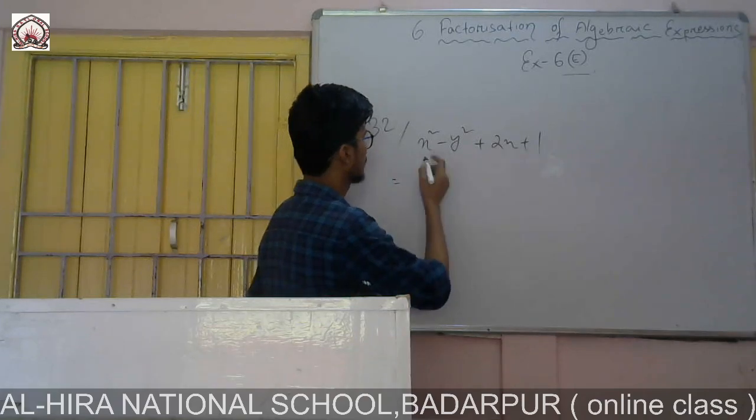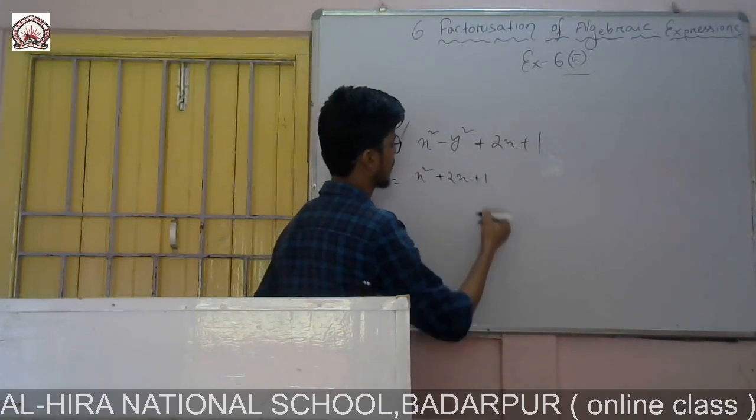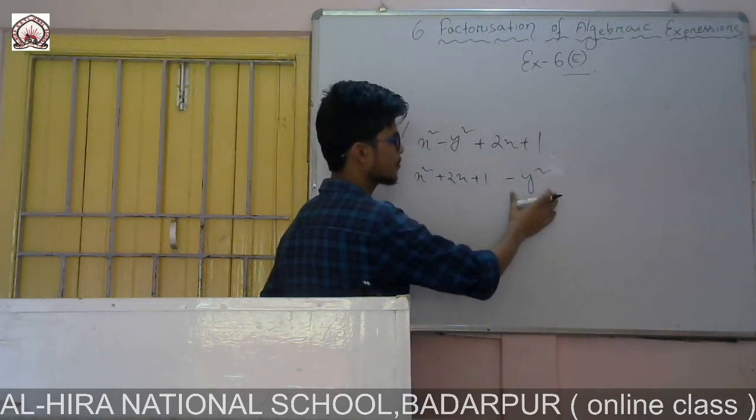So first of all I will make them into pairs. You see x square plus 2x plus 1 and minus y square. I will keep it on one side.